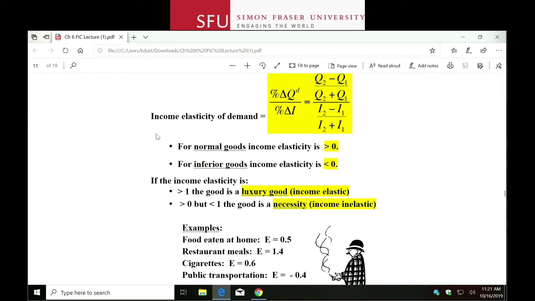Okay, so both of these are positive. It's just that this is positive and greater than 1, positive and less than 1. So luxury or a necessity.